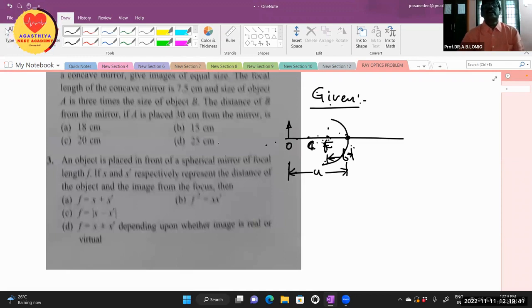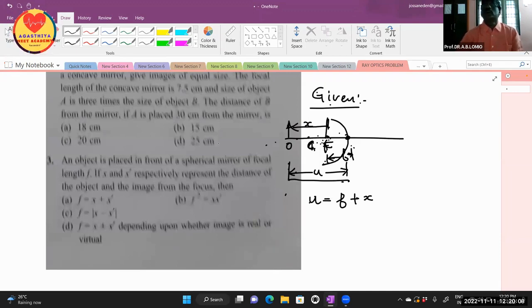If x and x dash represent the distance of the object from the focus, this is the focus. The distance from here is x. Then from here, that is u. Can we write f plus x? Is it correct?